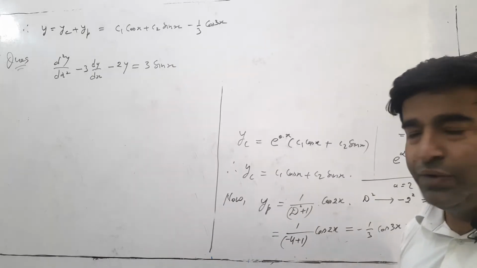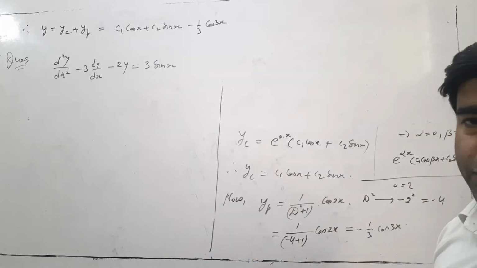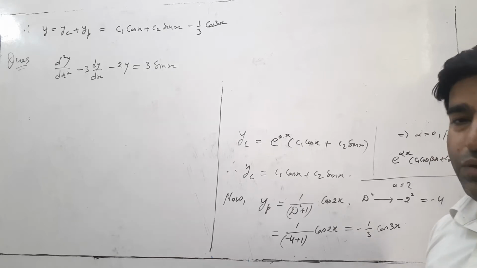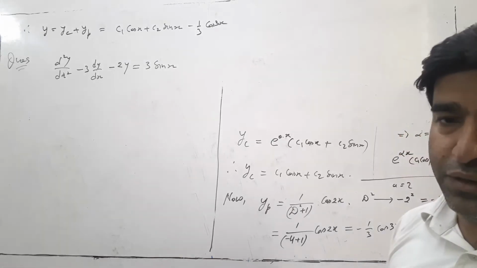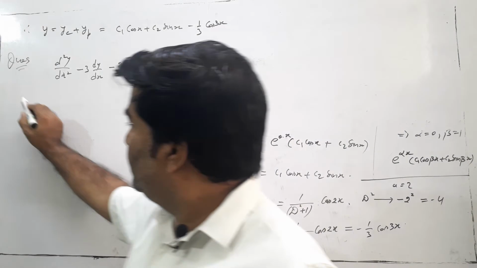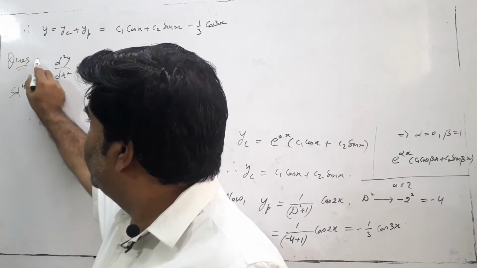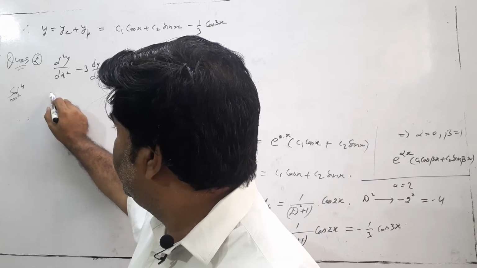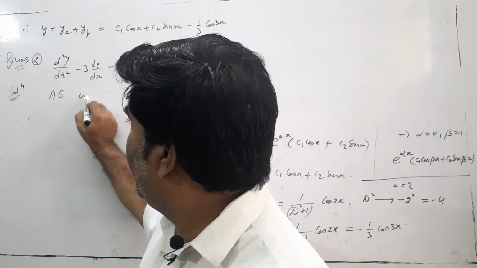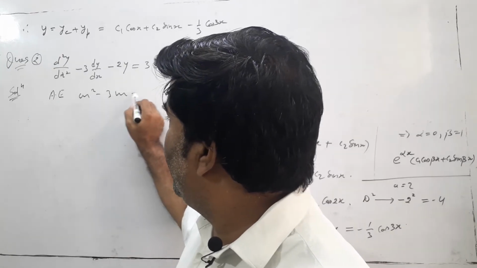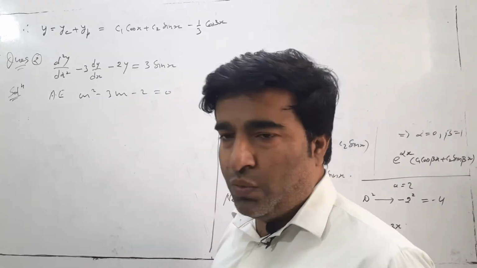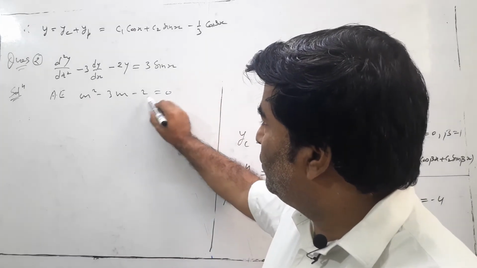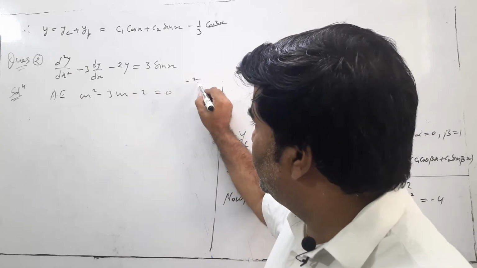First of all we find the complementary function, and after that we calculate the particular integral of this differential equation. Auxiliary equation: m square minus 3m minus 2 is equal to 0.